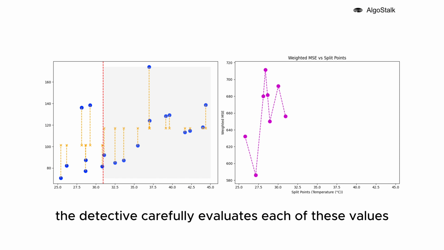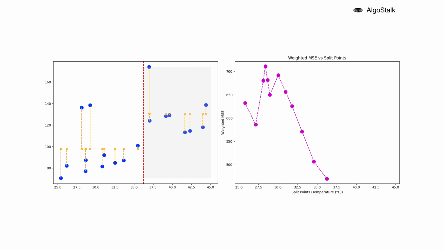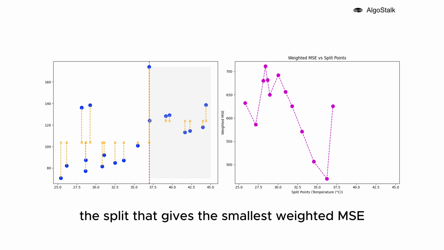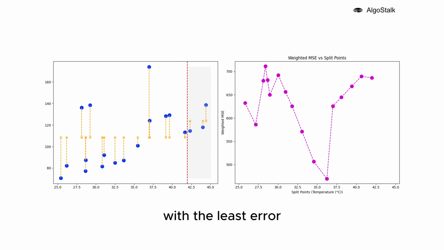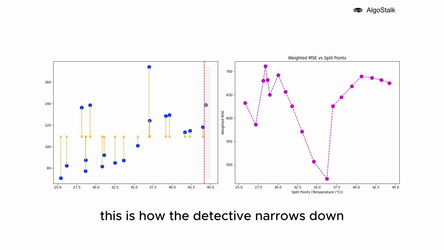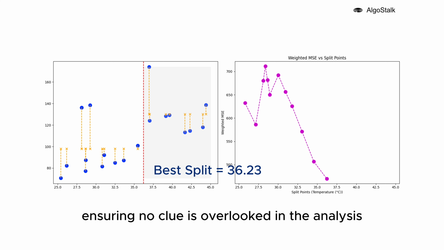The detective carefully evaluates each of these values, calculating the weighted MSE for every potential split. The goal? To pinpoint the split that gives the smallest weighted MSE, meaning it does the best job of predicting lemonade sales with the least error. This is how the detective narrows down the most informative split, step by step, ensuring no clue is overlooked in the analysis.